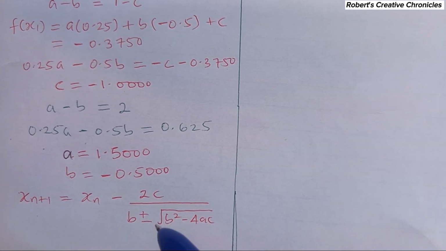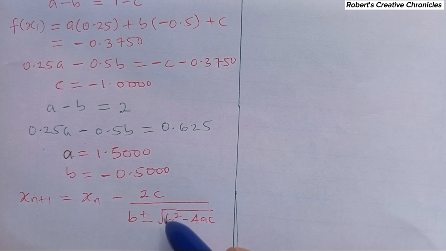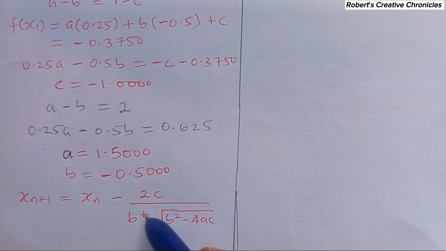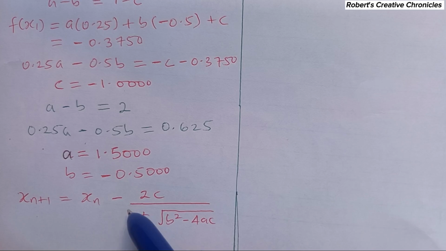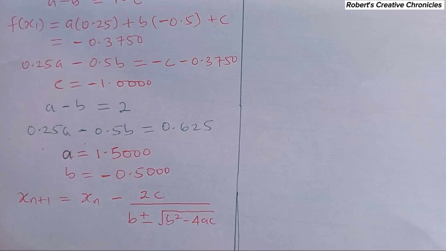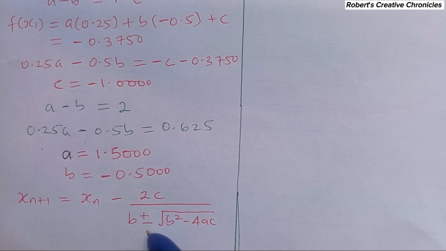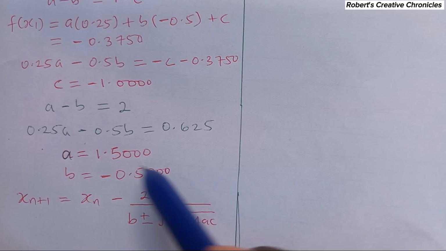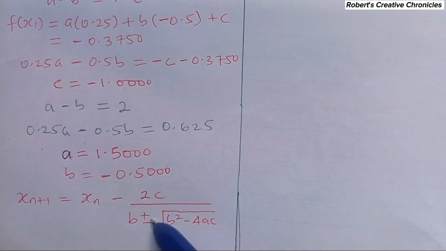The sign that we're going to take before this square root depends on the sign of B. If B is positive, we take positive. If B is negative, we take negative. Here B is negative, so we are going to take negative.